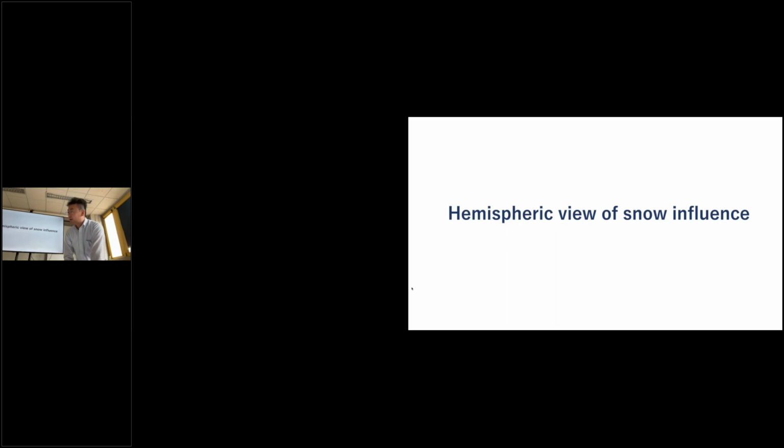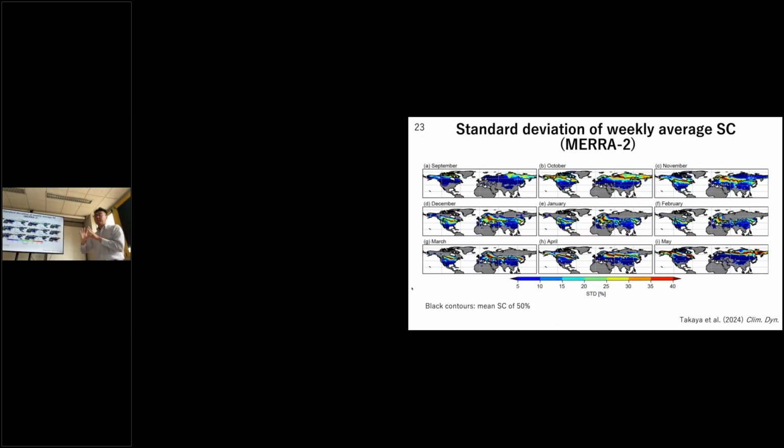As I said, the snow impacts really depend on season and region. So we want to look at an overview of the snow impacts for northern hemisphere regions. First, in this slide, we see the standard deviation of weekly average snow cover. This is just showing the change of snow cover.